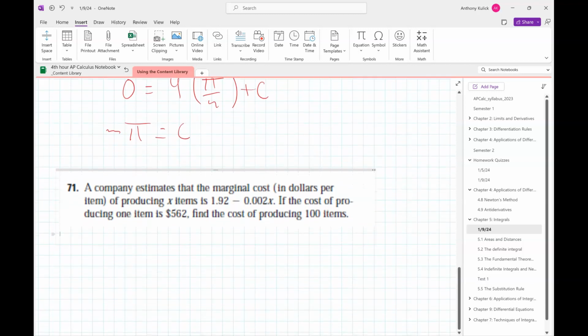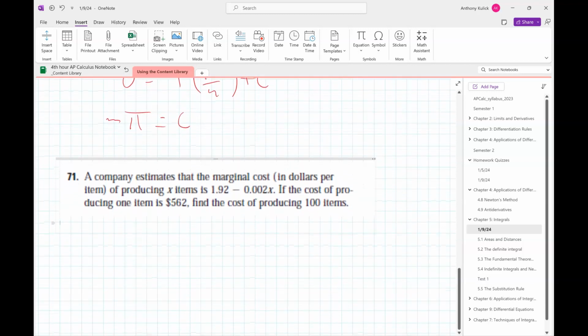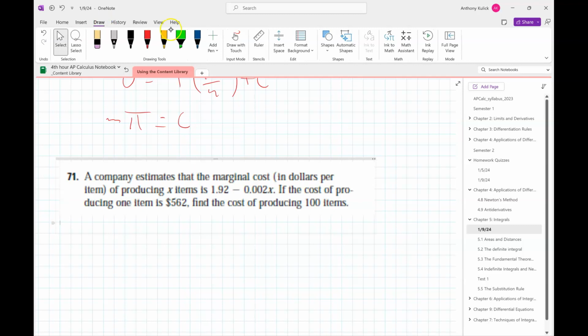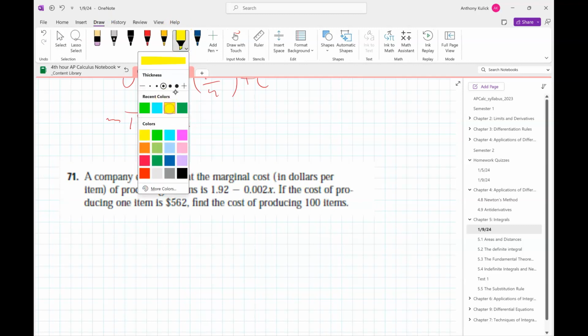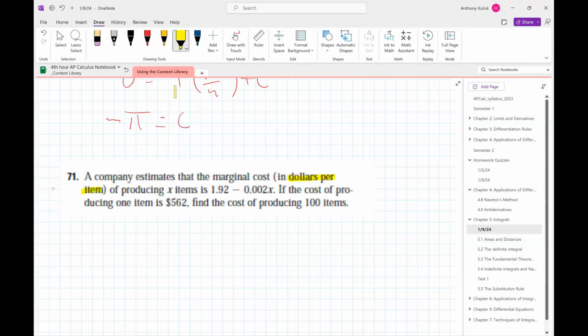It says a company estimates the marginal cost in dollars per item. Dollars per item, what is a marginal cost then? If it's a rate, it's a derivative. If it's something per something, right? So all derivatives are rates.